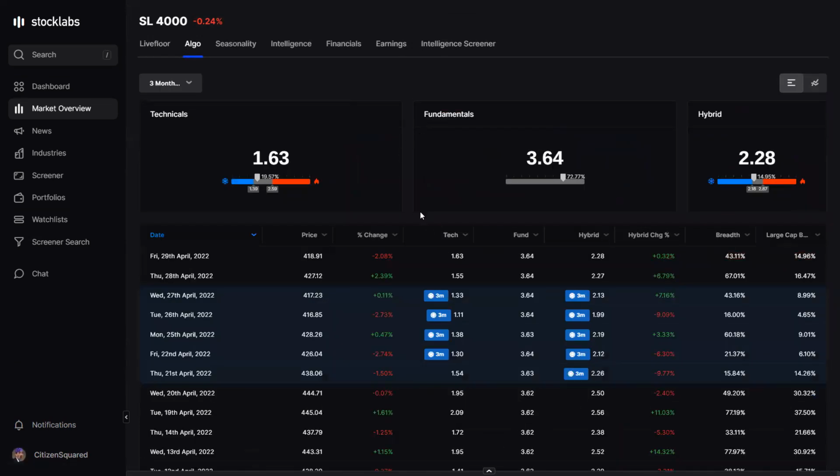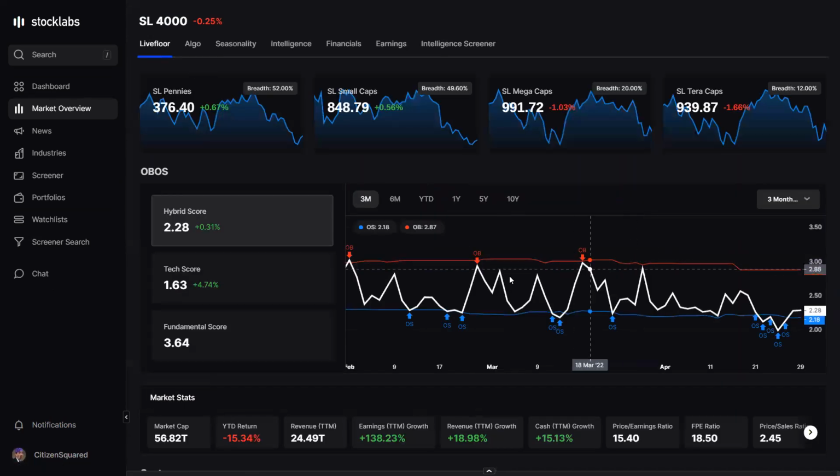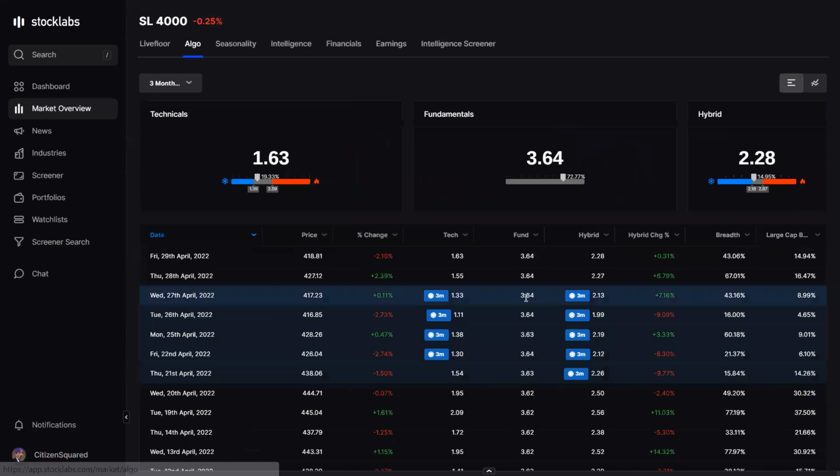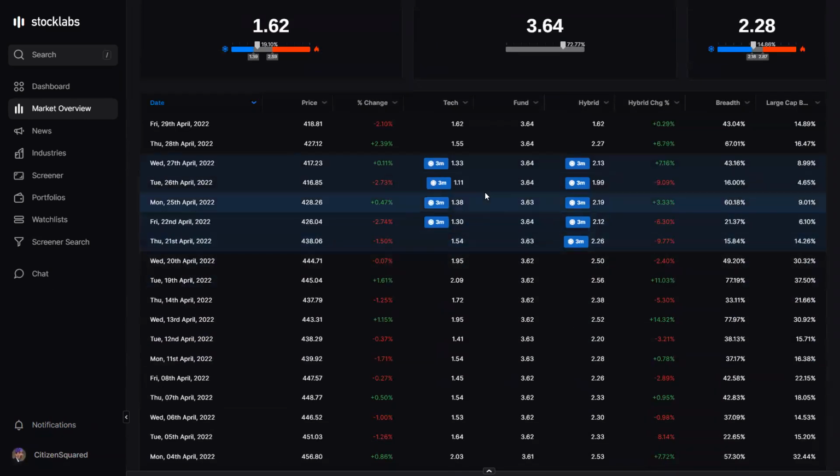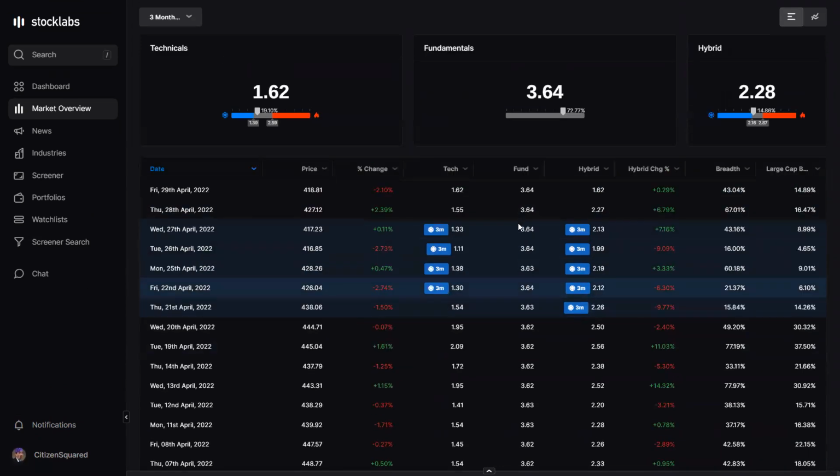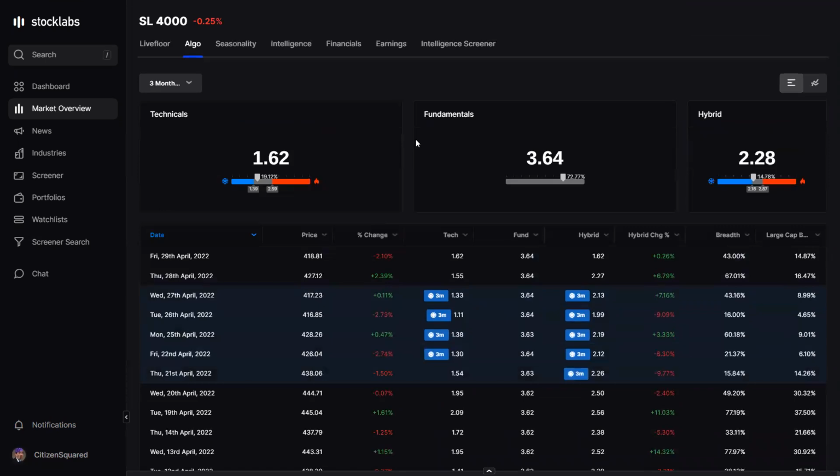The algo page has the same data as this chart, except it's in table form. So you can scroll through and get more precise numbers on the periods that you're looking at.